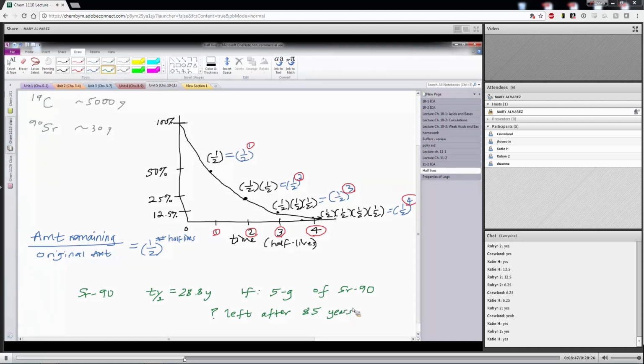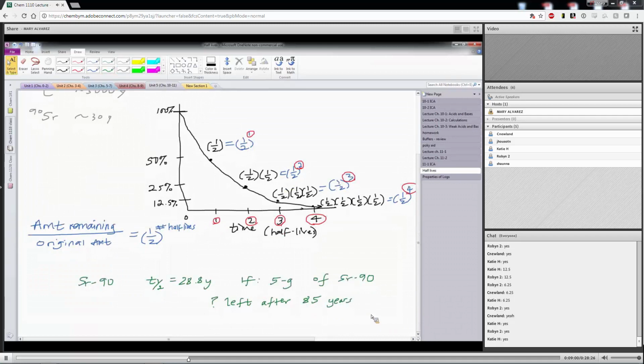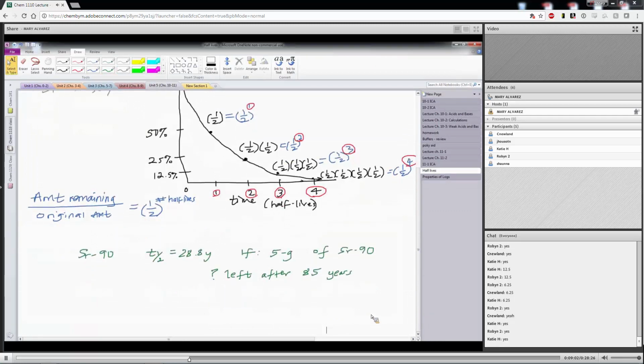I did an experiment with strontium-90 when I was 20. I was done with it, disposed of it. By the time I die, how much is still around? Say I live a really long time, for instance.